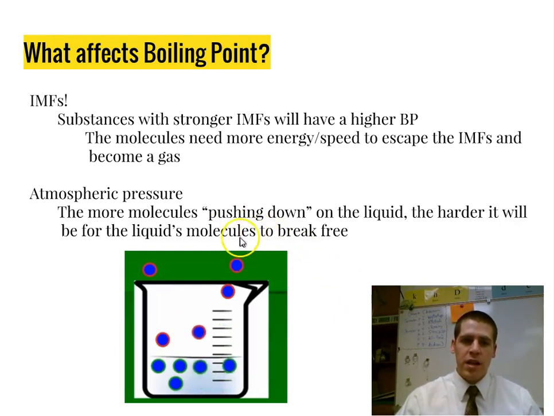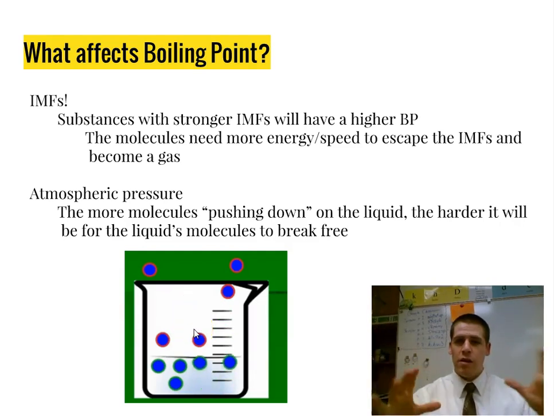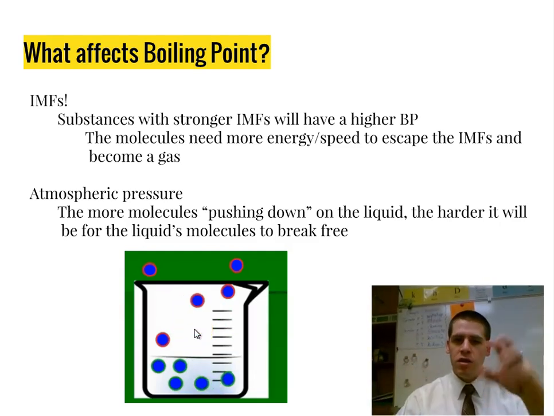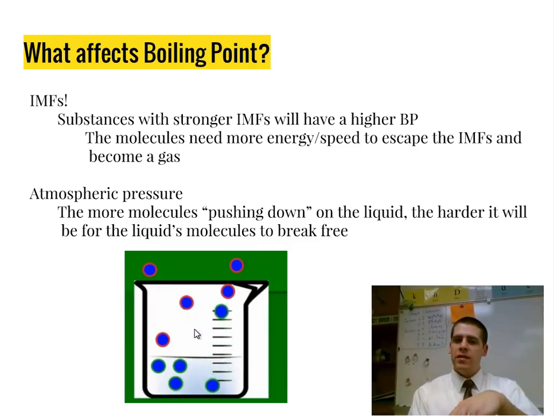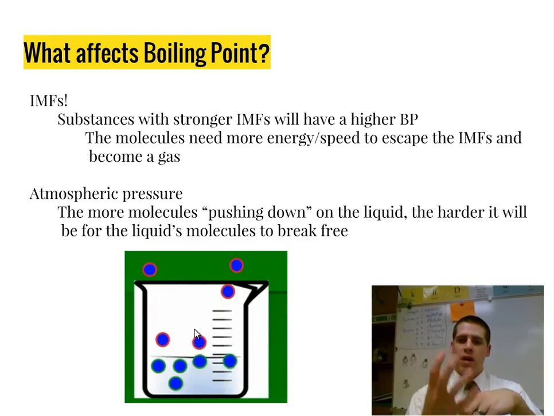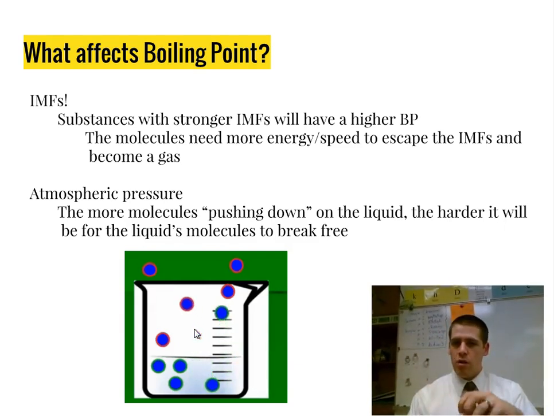The other thing that affects it is the atmospheric pressure, and we haven't really talked about gas pressure all that much yet, but we can visualize this with this simulation, this little animation. We have gas molecules above the surface of any liquid. There's gas molecules flying around the room right now. If those gas molecules hit the surface of the liquid, they're going to prevent water molecules from evaporating, whether that's just evaporation or boiling.